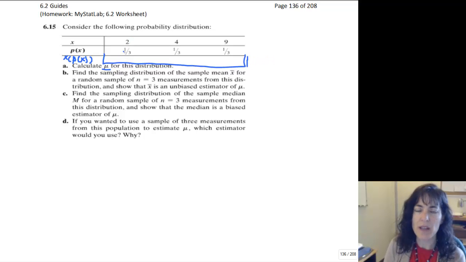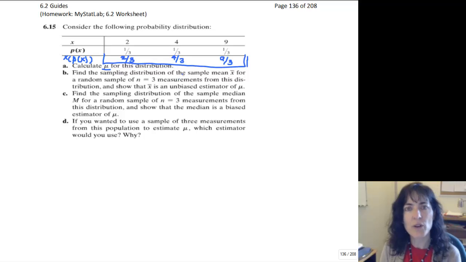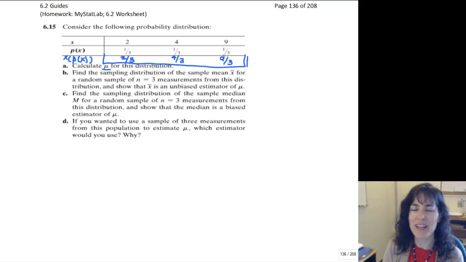So let's do that, and I'm just going to use fraction multiplication because dividing by 3, I know I'm going to have repeating decimals, so I'm just going to write it in fraction form. So 2/3, 4/3, and 9/3, and I know 9/3 reduces to 3, so if I was going to enter this into my math lab, I would write the 3 instead of 9/3, but I just want to leave them as all thirds because I know I have to add them next, and it's really easy to add if they all have the same denominator.